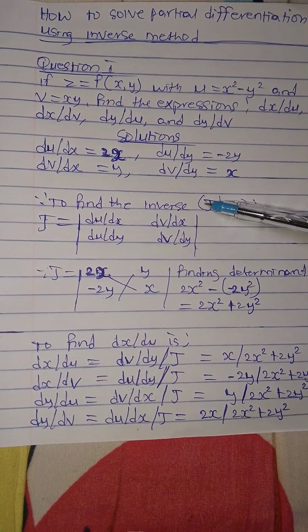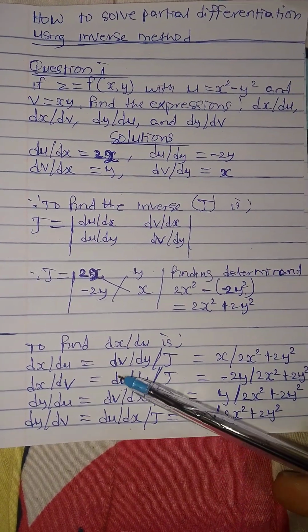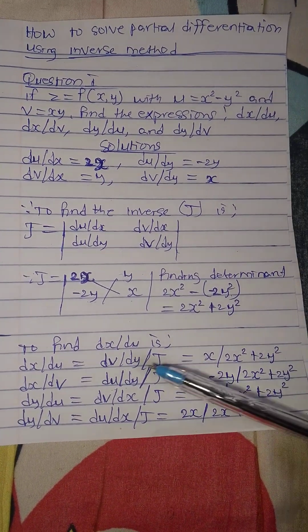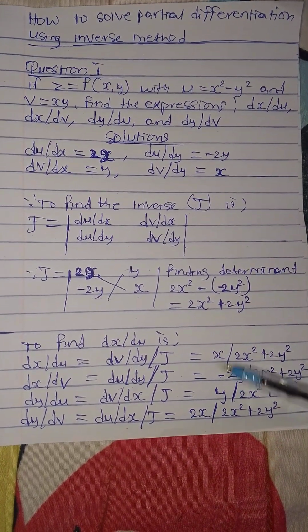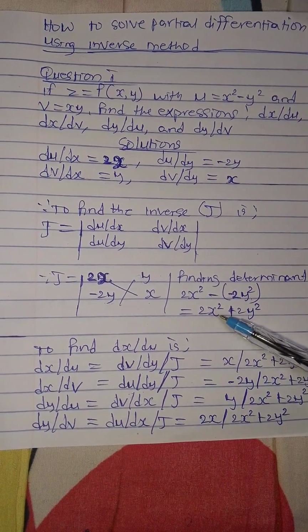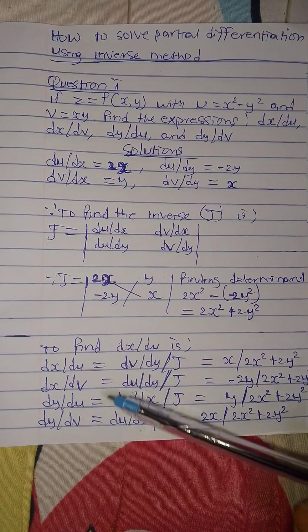So dx over du is equal to dv over dy over J. My dv over dy is x, so that becomes x over J, where my value for J is 2x squared plus 2y squared. Very simple.